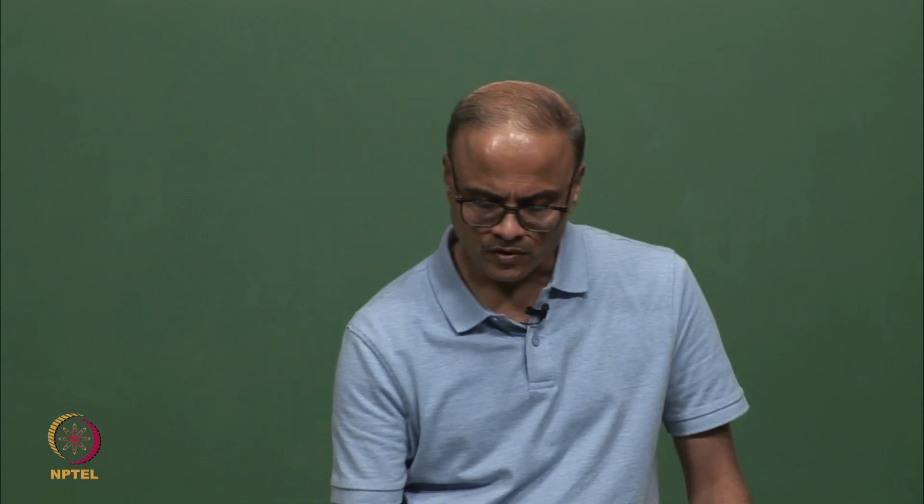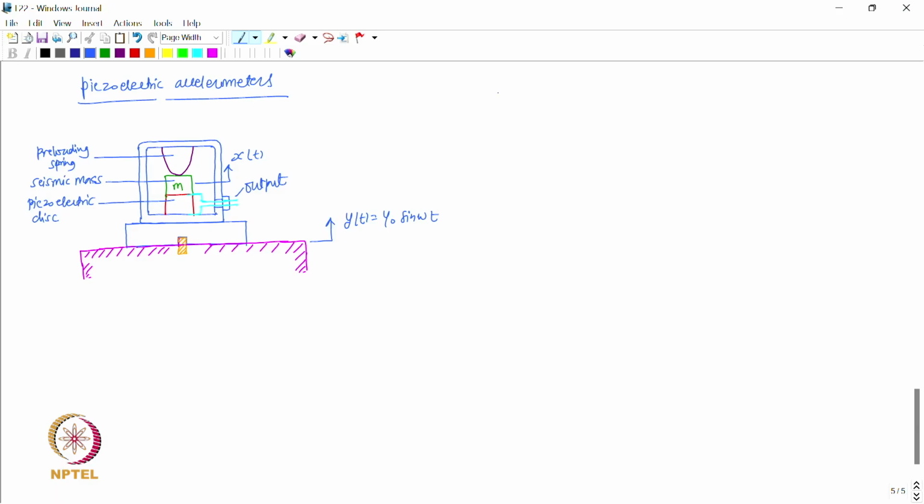So therefore here the displacement z produces a charge q that is proportional to the relative displacement z. So this is the electric charge, and this is the relative displacement of the seismic mass.